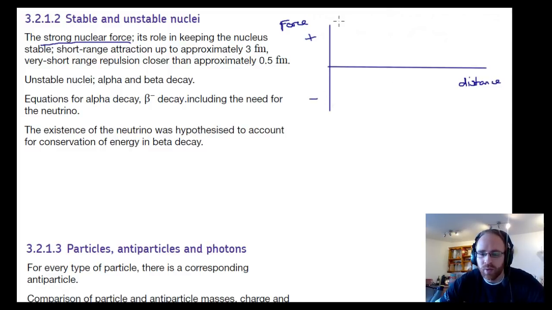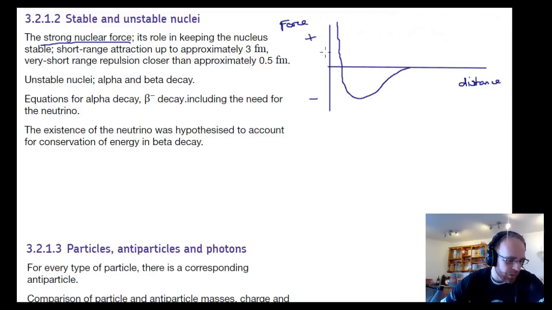For our strong force, below 0.5 femtometers, we have a very, very repulsive region. So things don't want to be in the same place. Very short range repulsion, closer than 0.5 femtometers.